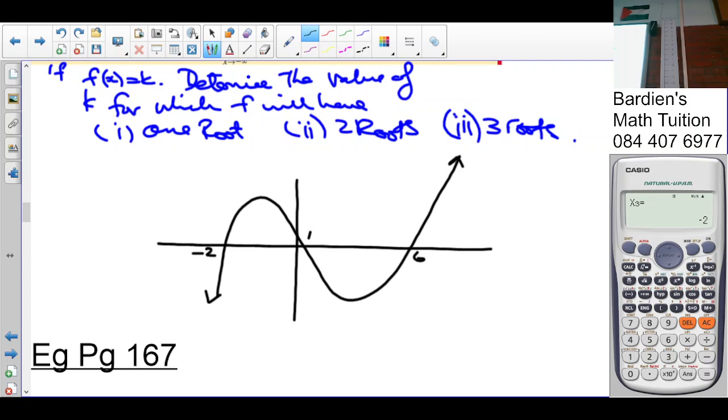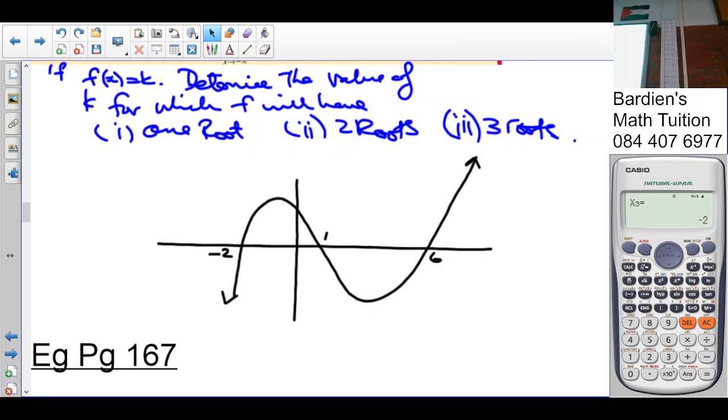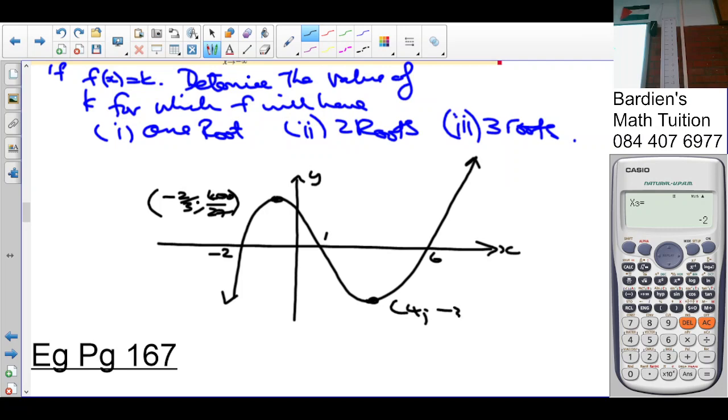That's a nice representation. It's your y and this your x. This point here was negative 2 over 3 and 400 over 27. This coordinate here was 4 and negative 36.